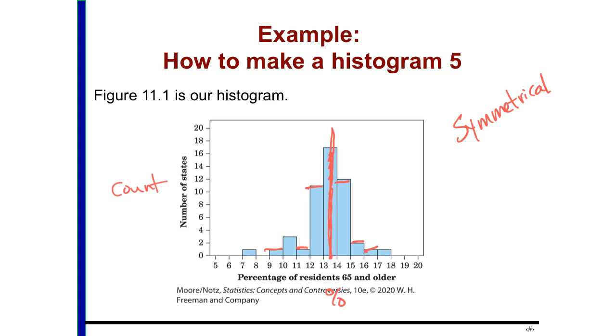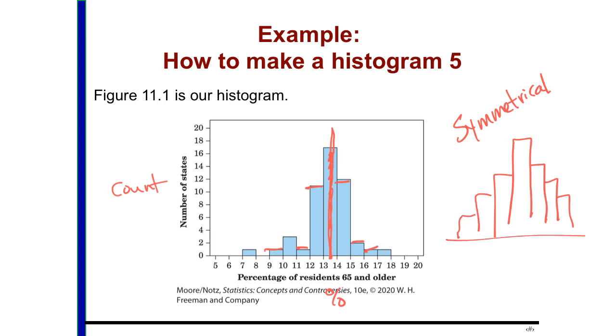Symmetrical would be if you've got that center point in the middle, and your bars on either side go down pretty similarly. So this would be a little symmetrical sketch there. They don't have to be exact, but they're similar. This black line would be your mirror line. So it's symmetrical across that top bar there.